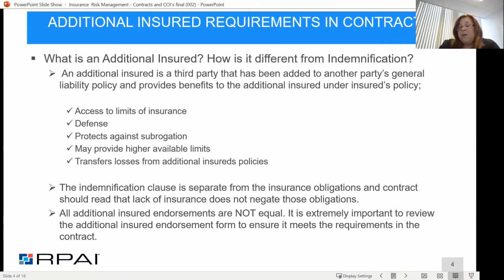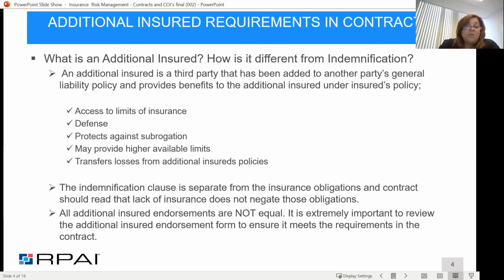But you only carry $1 million in insurance because the exposure from your shop isn't that high. But a contractor, an electrician or so forth that's doing wiring within your space, their work has much higher risk to it. So they may be buying higher limits. By making sure you're entering into an agreement with them, you can have access to those higher limits.